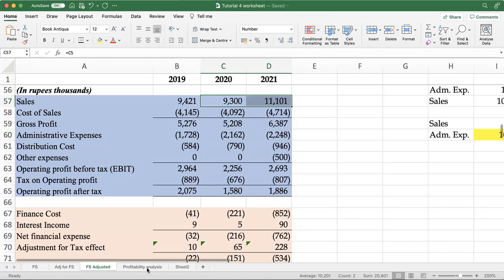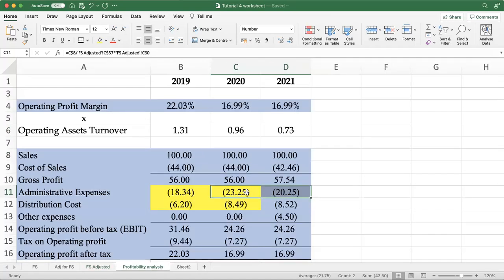Then what happens to the common size value? Common size value declines. Right, now you see administrative expense common size value is 23.25 in 2020. That declines to 20.25 in 2021.